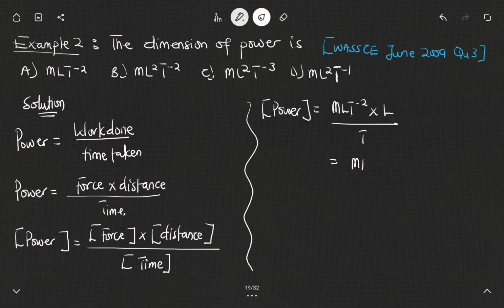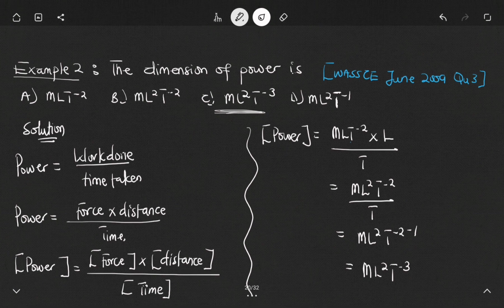So I have ML squared T minus 2 over T. If I send this T to the top, I have ML squared T minus 2 minus 1. This T comes to the top, it becomes minus 1. So our final answer for the dimension of power will be ML squared T minus 3. If you look through the options, we see that option 3 gives us that answer. So our correct answer for this example is option C.